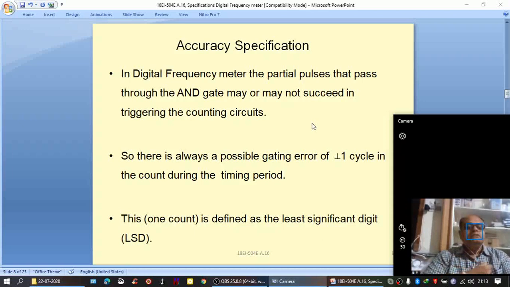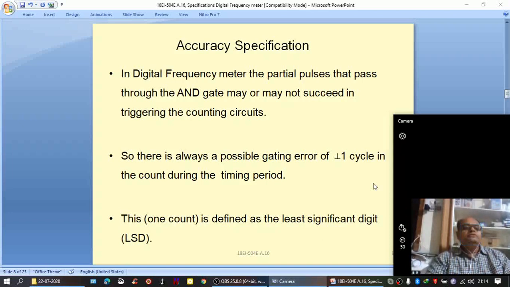That means we are allowing the input signal through an AND gate by applying a gating pulse.